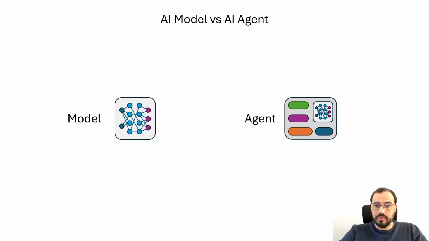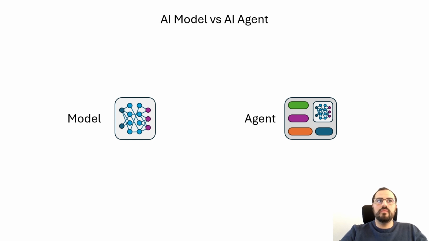These two topics are really controversial right now because there is a huge gray area today in the definitions of what is a model, when it stops being a model and becomes an agent, because there are a lot of models in the market, the more recent ones, that someone may say already behave like an agent and so on. So this is a very controversial area, and if you start seeing videos about it and learning about it, you will see that there is a very gray area on it.